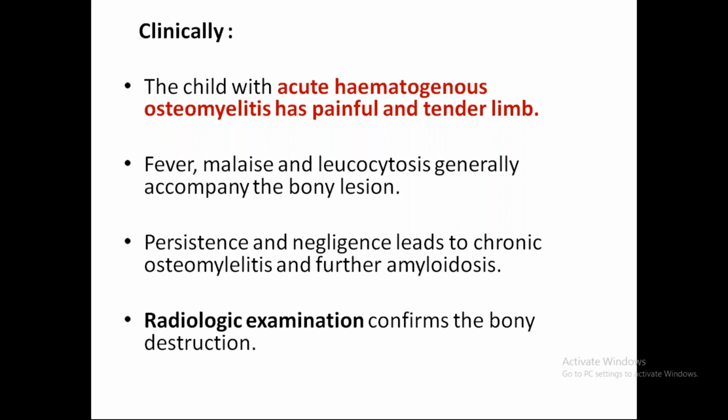Clinically, in a child, acute hematogenous osteomyelitis presents with a painful and tender limb associated with fever, malaise, and leukocytosis, which generally accompany the bony lesion. Persistence and negligence lead to chronic osteomyelitis, which may be followed by amyloidosis.